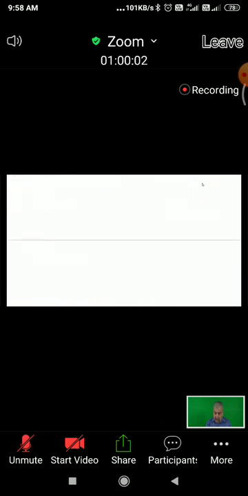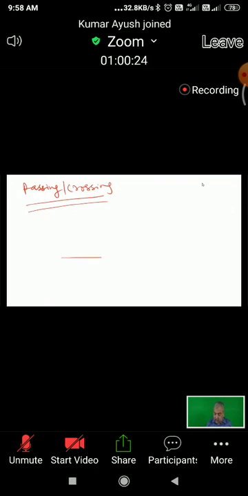Okay, now I am discussing another concept, that is passing or crossing. See, what is passing or crossing?